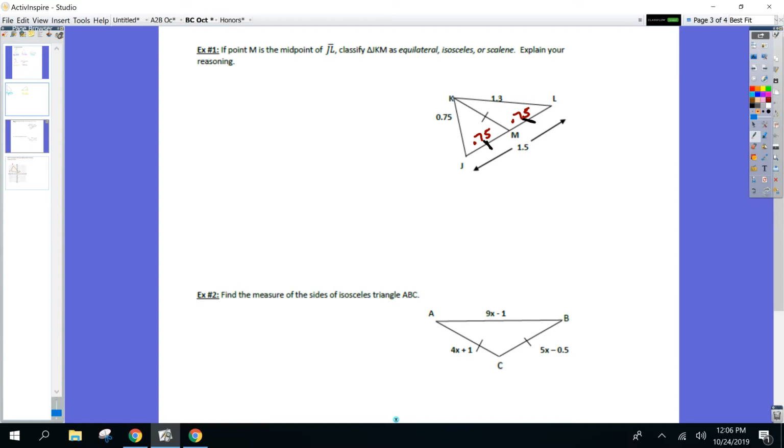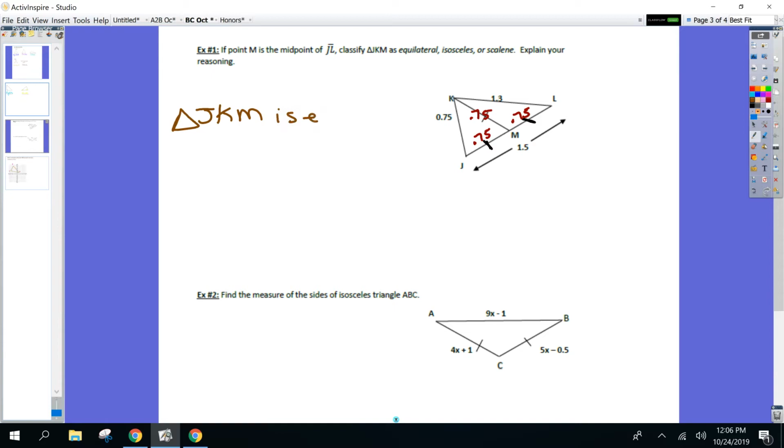And what did we know about JM and KM by substitution? They're equal, so that must also be 0.75. So what are you going to tell me about triangle JKM? It's equilateral. Hey, I don't know if you've ever done this or seen this before. Instead of writing the word triangle, we can put the triangle symbol before JKM. We're going to do a lot when we start proofs next week with that.